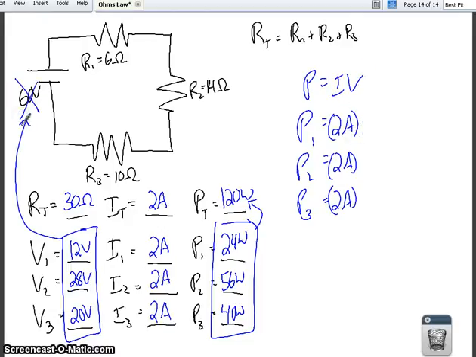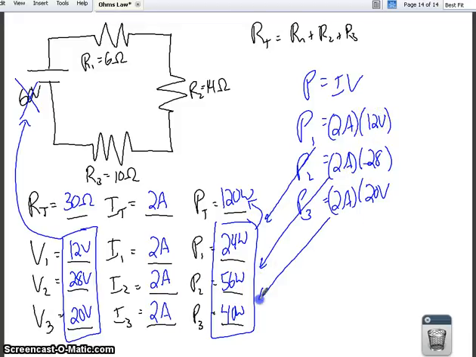I'm going to use the voltage drop, or the potential difference, across each resistor. So I'm going to use these three right here. 12 volts, 28 volts, 20 volts. 2 times 12 is 24. 2 times 28 is 56, 2 times 20 is 40.